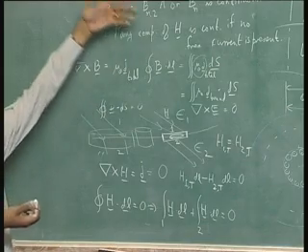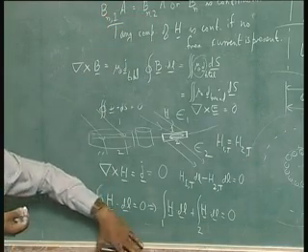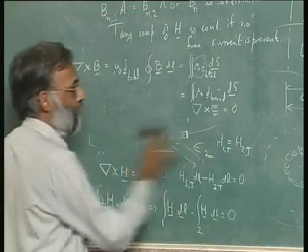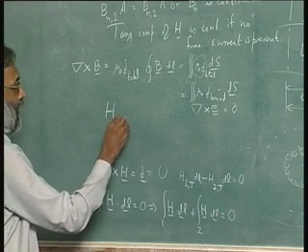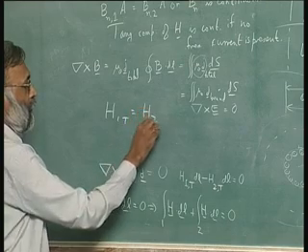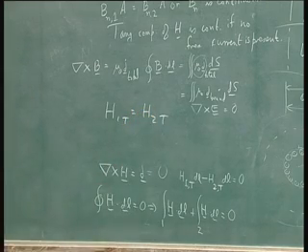In fact, if the tangential component of H is continuous, what does it imply? It implies that the tangential component of B is not continuous, because H1 tangential is equal to H2 tangential, but H is nothing but B over mu.